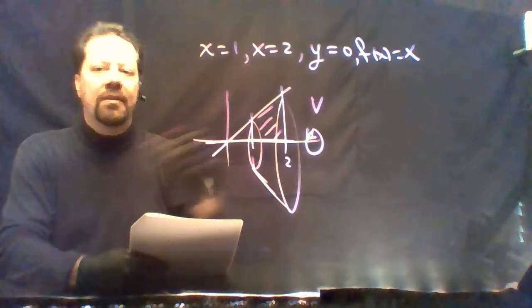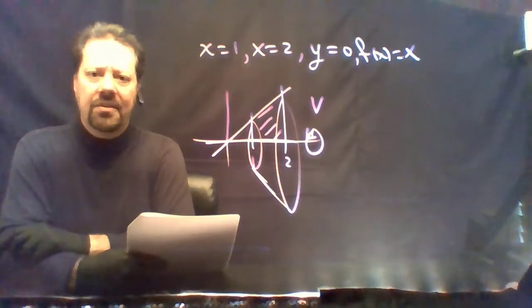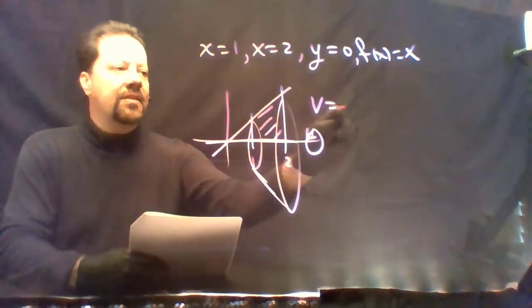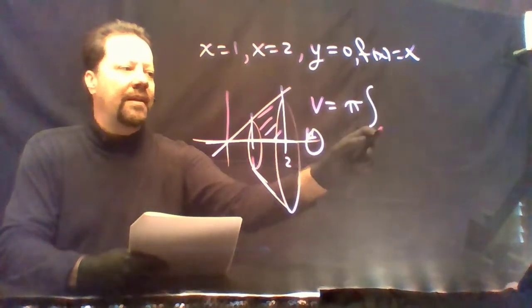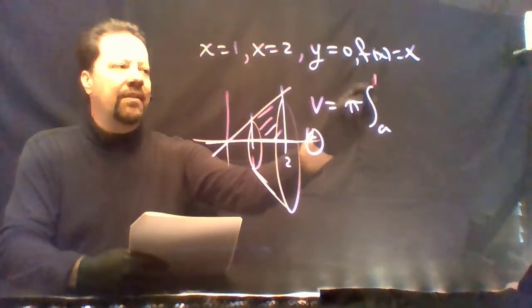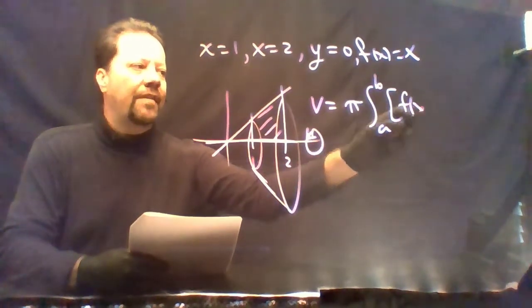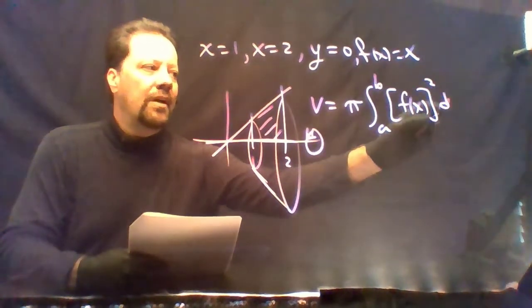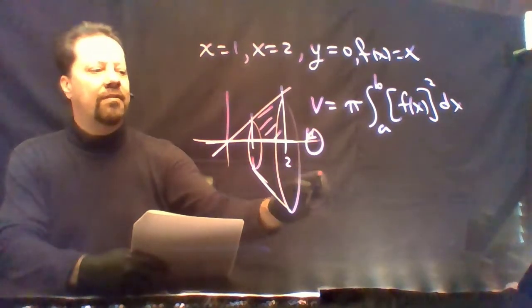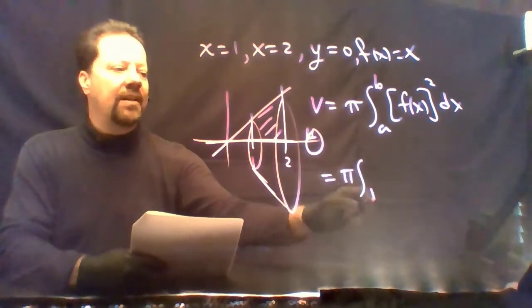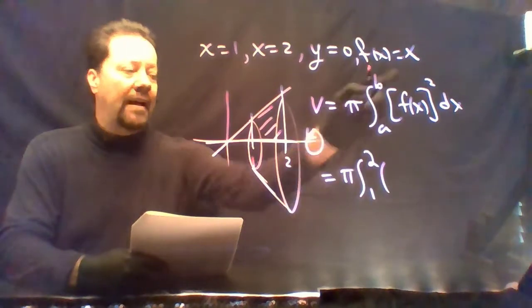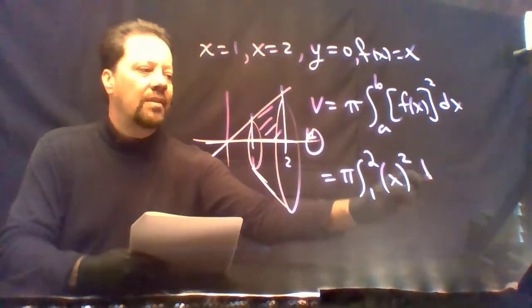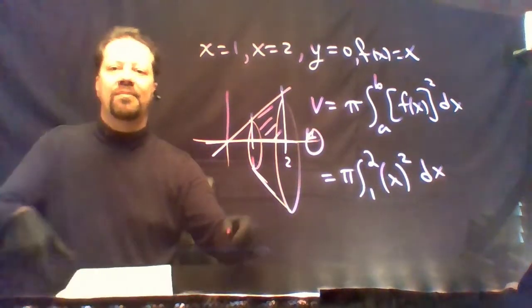We're going to use the method of disks. The method of disks says the volume is pi times the integral from a to b of the function squared. For us, that's pi times the integral from 1 to 2 of our function x squared.